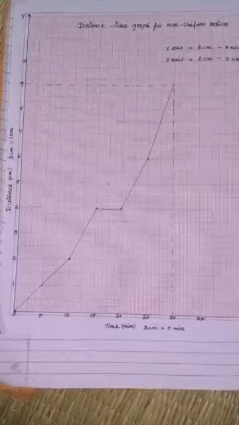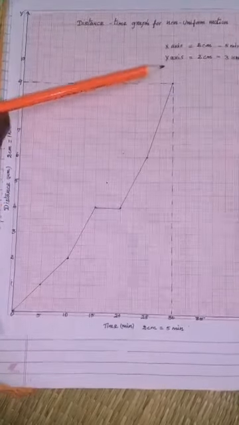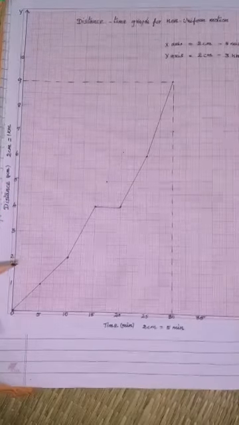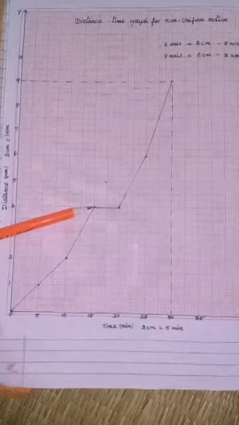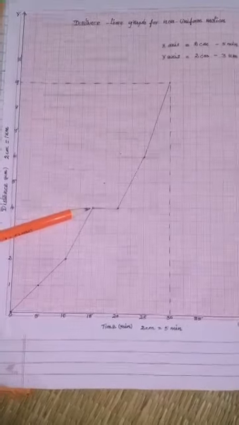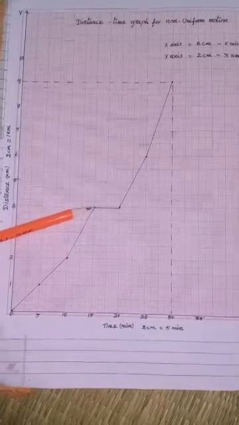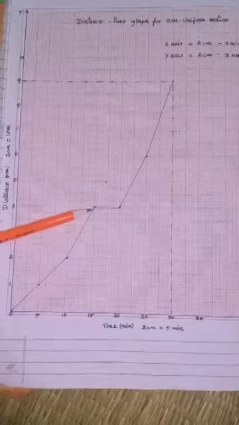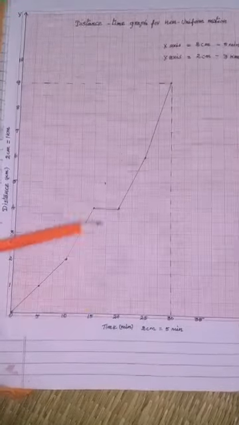It is steep when the speed is greater and less steep when the speed is less. We also observe that when the scooter is not moving, the graph corresponding to the period is parallel to the x-axis.